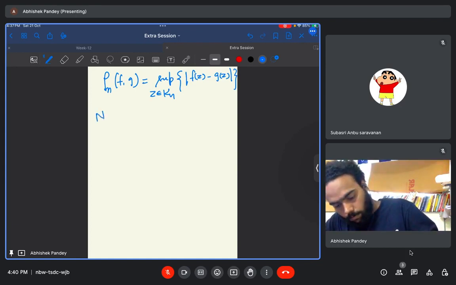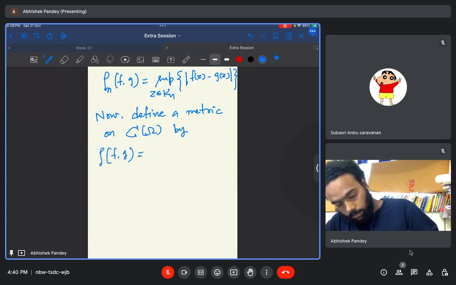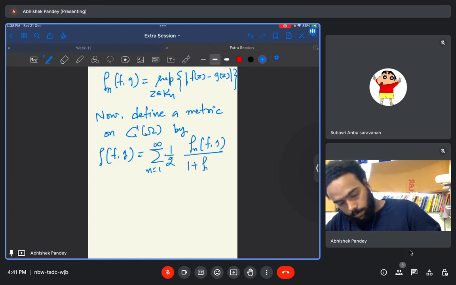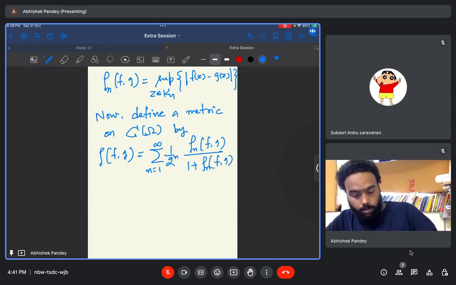Now define a metric on C omega by rho of f comma g is basically the summation n equals 1 to infinity of 1 upon 2 to the n, rho n of f comma g upon 1 plus rho n of f comma g. One can see that this will always converge.